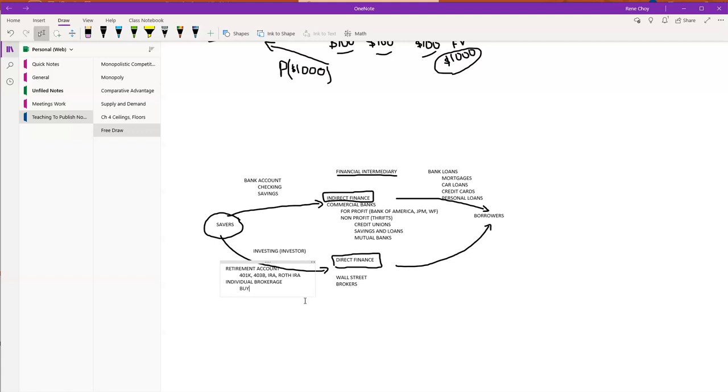And this is when you could buy stocks, bonds, ETFs, mutual funds by yourself. All right. Now, if you're a borrower and you want to participate in this, then what do you normally create? Well, you can create stocks, bonds, collateralized debt obligations, credit default swaps, all these, let's call it financial securities.